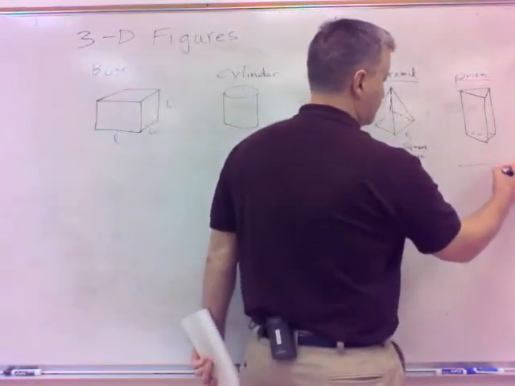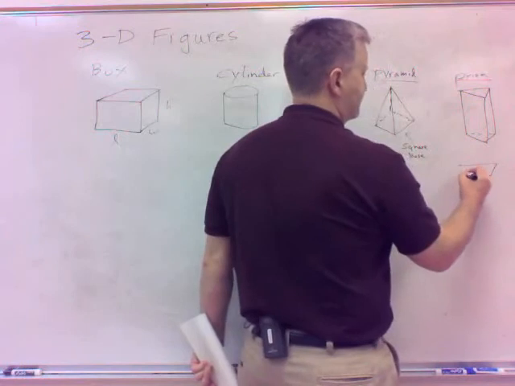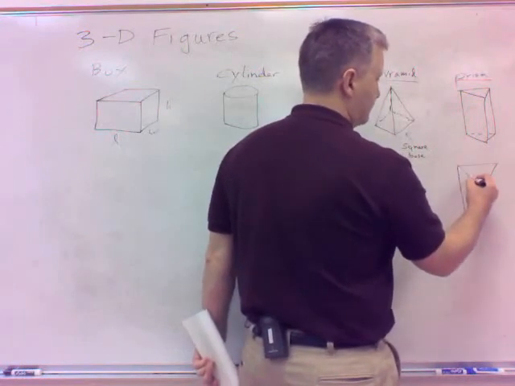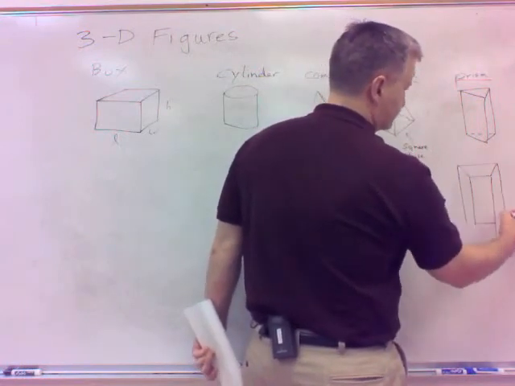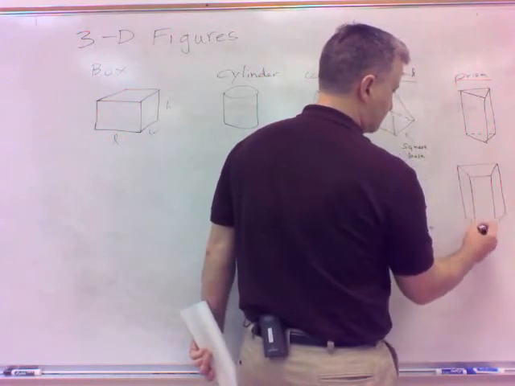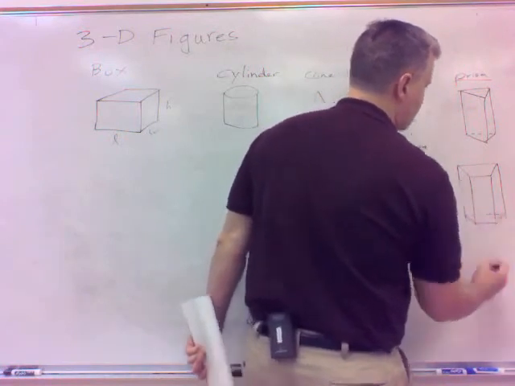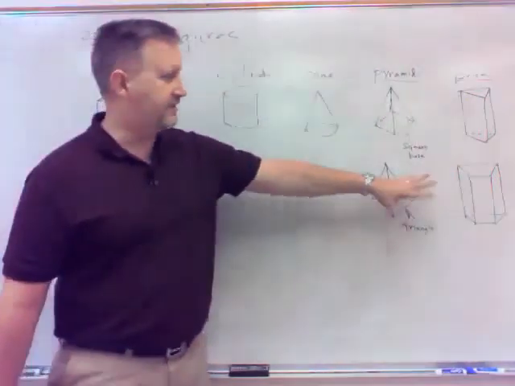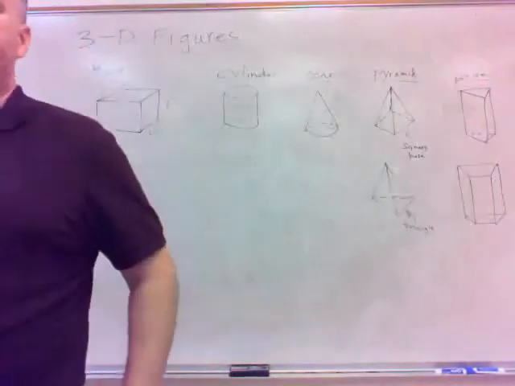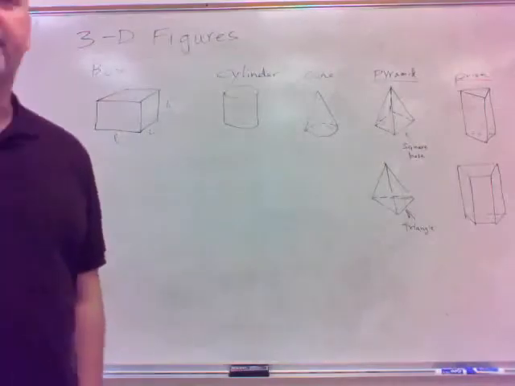A relatively easy one to draw is like this shape here, where you have to visualize a little bit, but the top and the bottom, I'm trying to draw a trapezoid for the top and the bottom there.